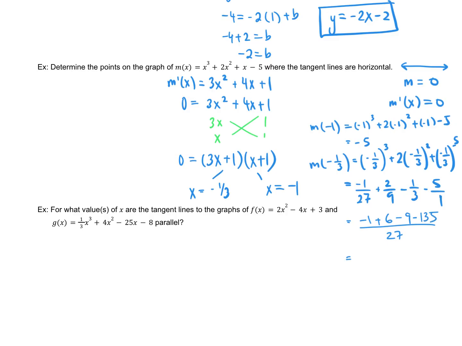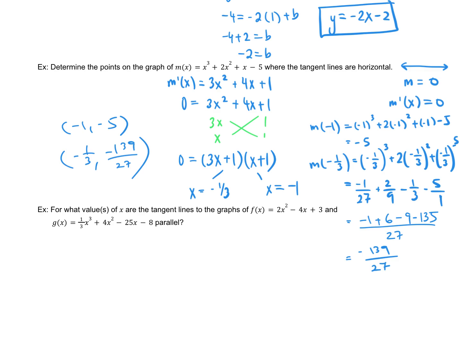Now we can punch this in or evaluate our numerators, and we get negative 139 over 27 for the coordinate. So there we are, at (negative 1, negative 5) and at (negative 1/3, negative 139/27), the tangent lines are horizontal.